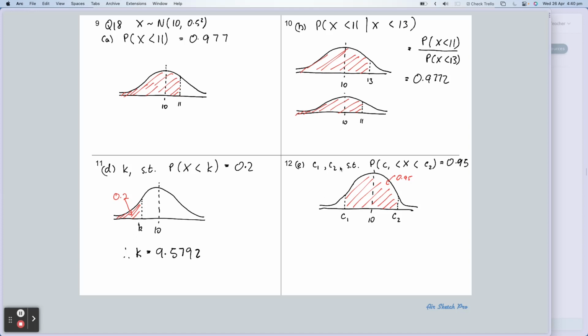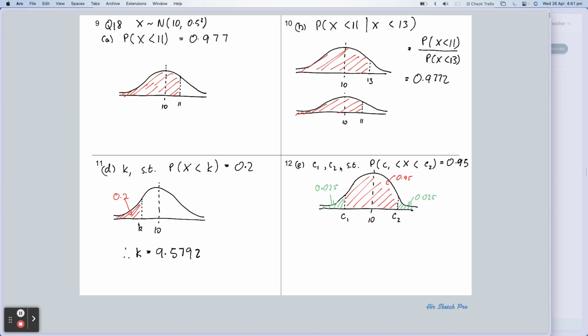How do I work that out? Well, I know that if this is 0.95 here, then I know that this bit here and this bit here must be the other 5%, the other 0.05. And more importantly, because it's symmetrical, I know that that must be 2.5%, right? So 0.025. And this bit here must be also 0.025, like so.